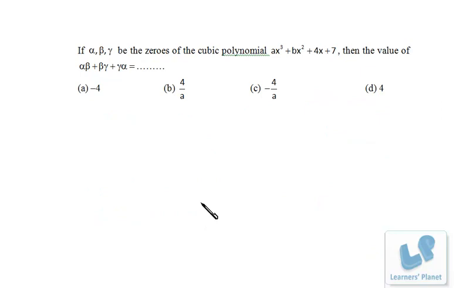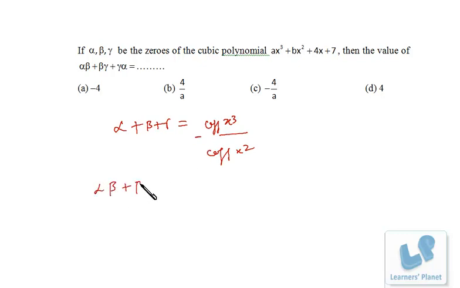Now this is also a cubic polynomial, and we have just discussed that alpha plus beta plus gamma is the coefficient of x square by coefficient of x cube in negative, right?